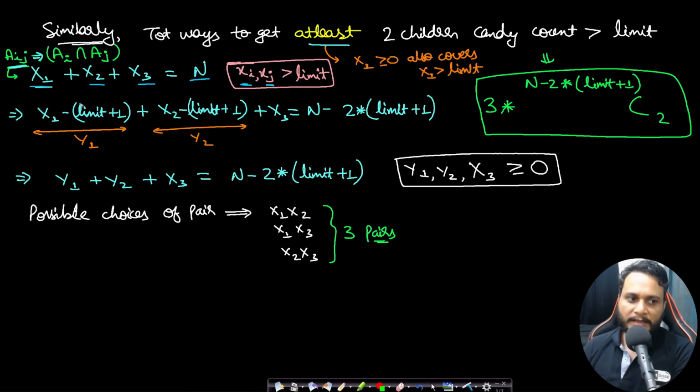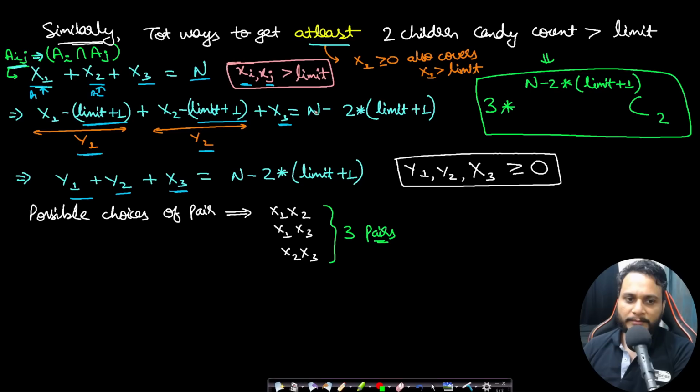And according to the previous calculation, you can simply choose 2 children to be, let's say, a1 and a2, the first child and the second child, and simply subtract the given value according to how I showed you the calculation, represented by y1, y2, and the third child will be unaffected because he will get the candy count less than or equal to limit.